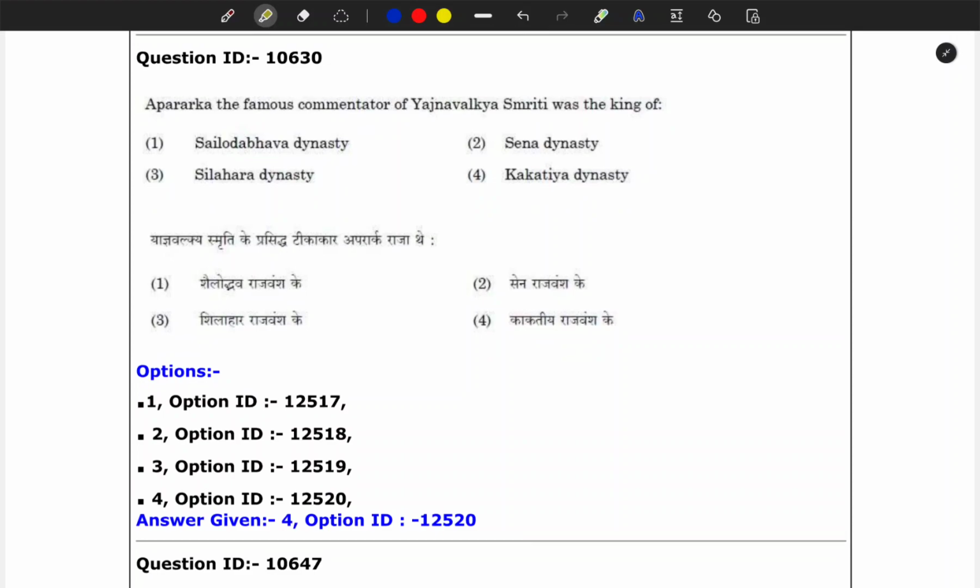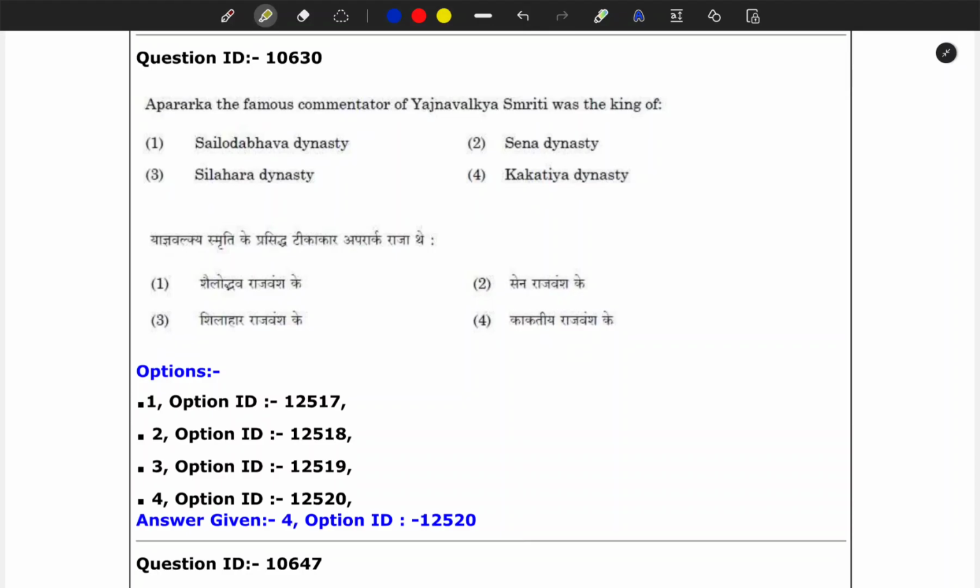Terminologies are important, chronology is important, literature is important. Go through all the chronological, literary and terminological aspects from ancient to modern, and you will easily get 10 to 15 questions from there.